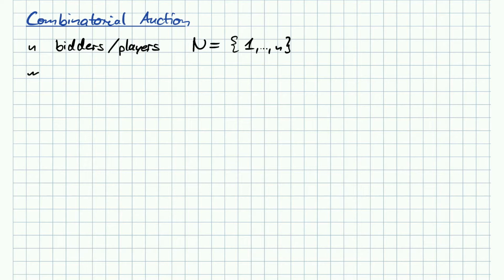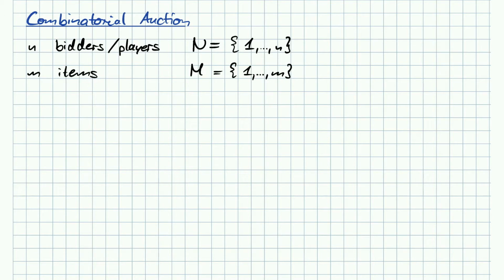And then we have m items, and we call that set M. Usually we might also call the items 1 through m, although we might not always do this depending on what feels right at that time.